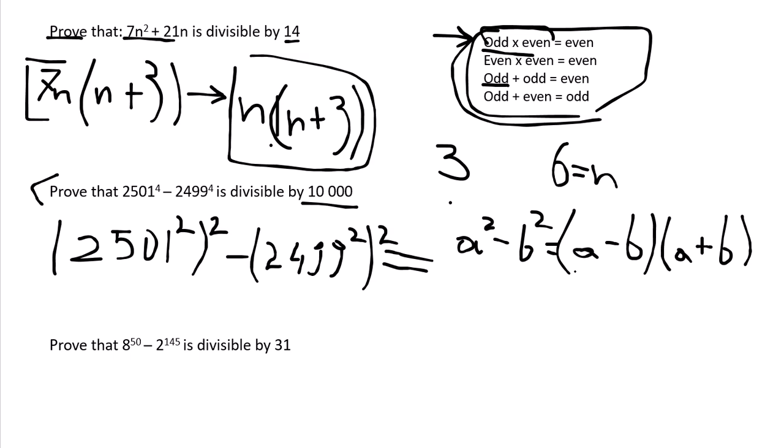So in this case, 2501 is a and 2499 is b.